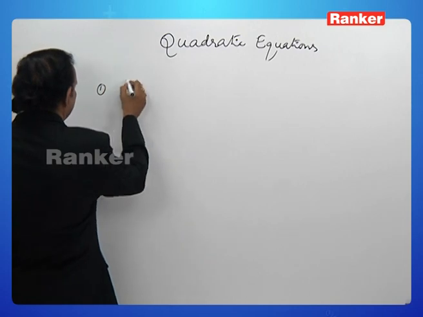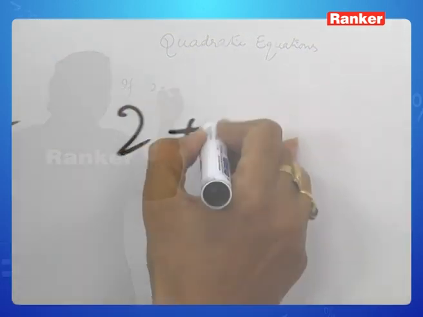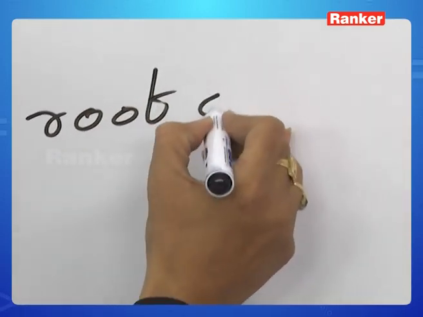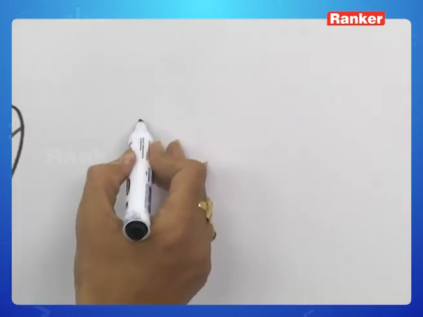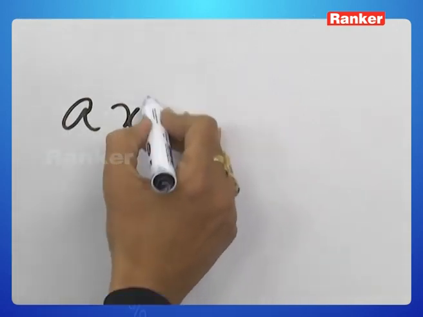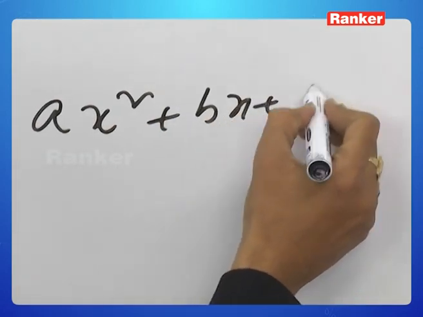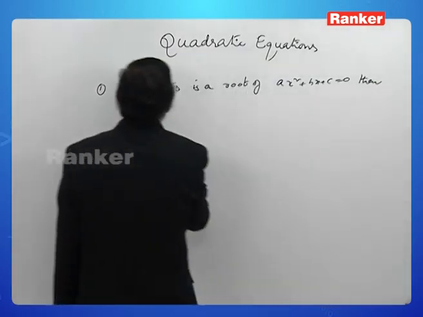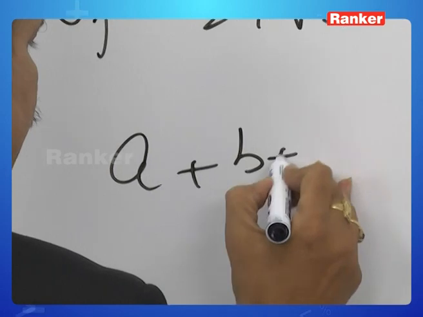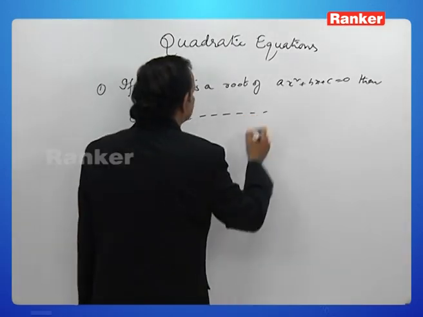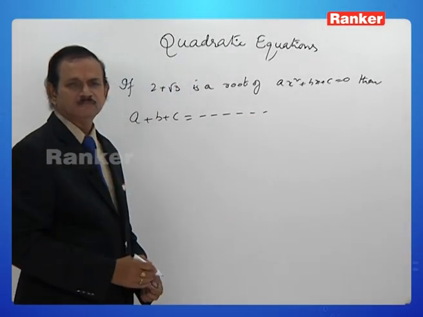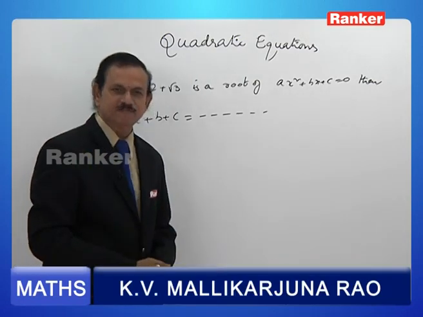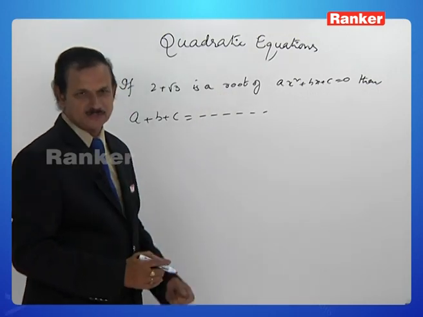First problem: if 2 plus root 3 is a root of ax square plus bx plus c is equal to 0, then a plus b plus c is equal to. Some options will be given. Let us first observe the way of making an attack on the question.